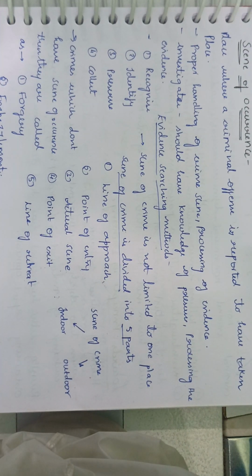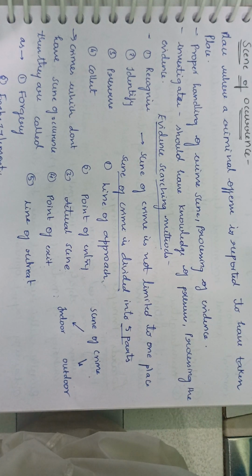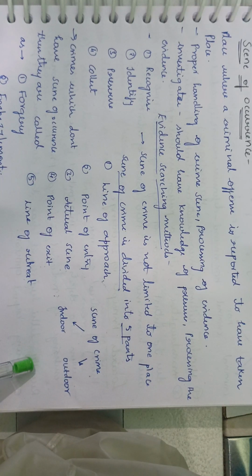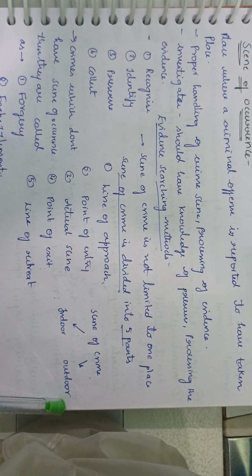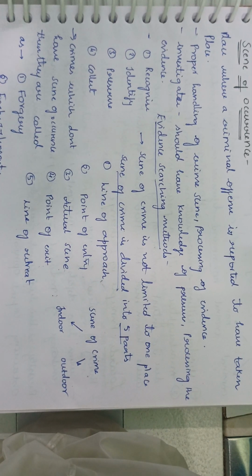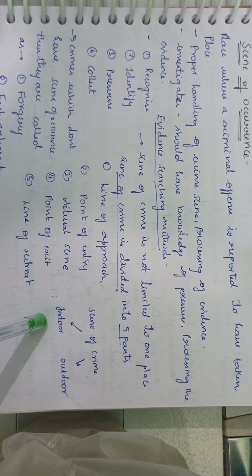Then the scene of crime may be classified as outdoor and indoor crime scene. A crime committed on a road or in a field is known as an outdoor crime scene, whereas a crime committed in a house or in a car, something indoors, is known as an indoor crime scene.